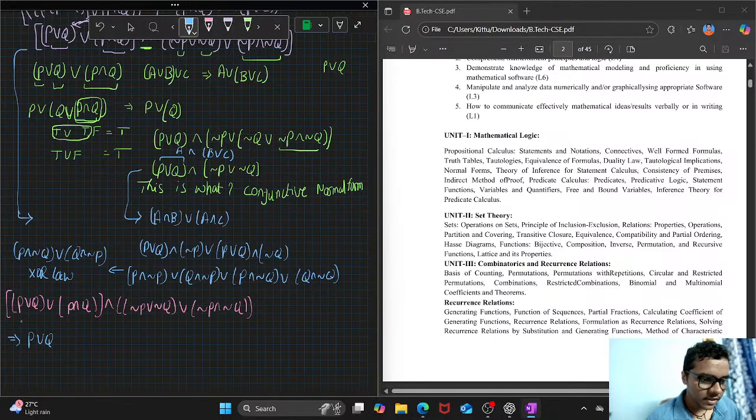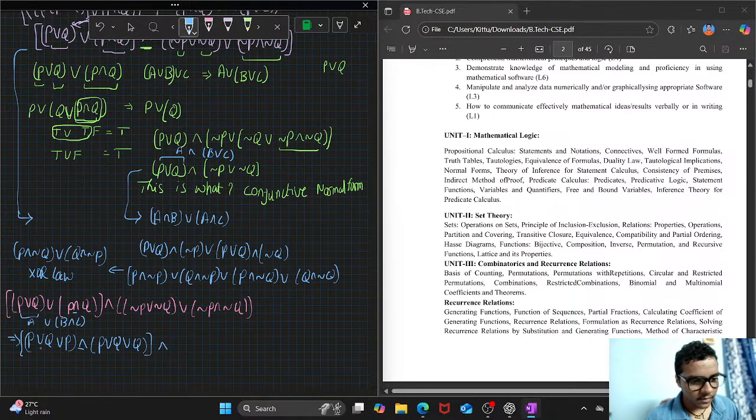P or Q, you just took as one term, A or B and C. So it will be A or B and A or C, right? This and is inside, it came to outside, and this or is outside, it went to inside. That's how you distributed it before.